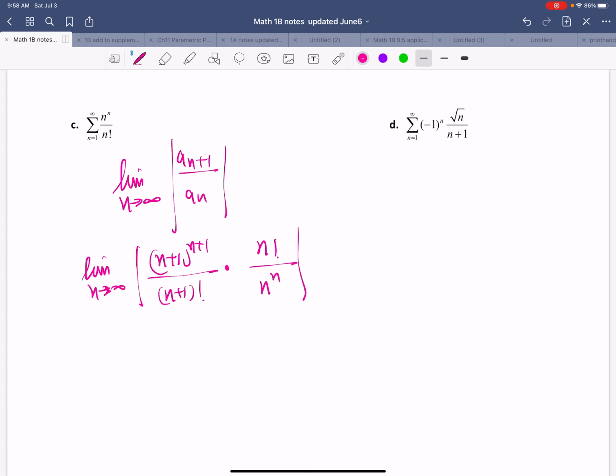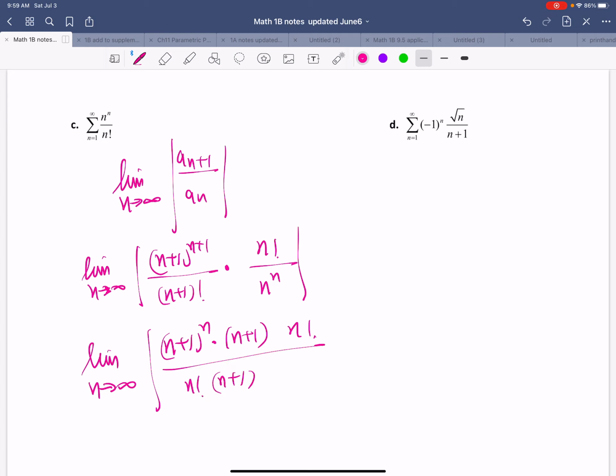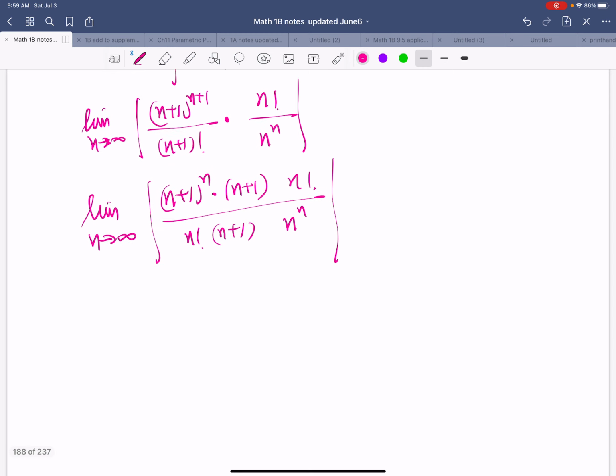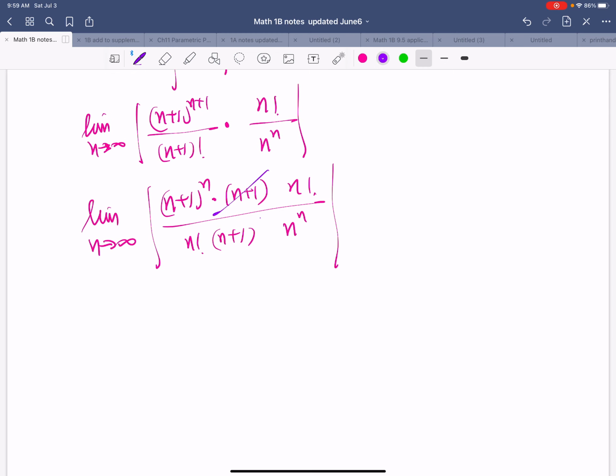Okay, so for simplifying, we get (n plus 1) to the nth power times (n plus 1) times n factorial over n factorial times (n plus 1) times n to the nth power. Now I can get rid of n plus 1 and n plus 1 here, and I can also get rid of n factorial. So we're left with the limit as n goes to infinity of (n plus 1) to the nth power over n to the nth power. So where does this limit go?